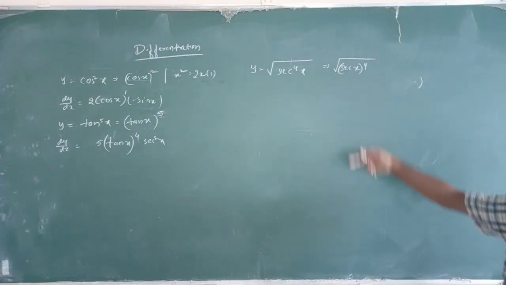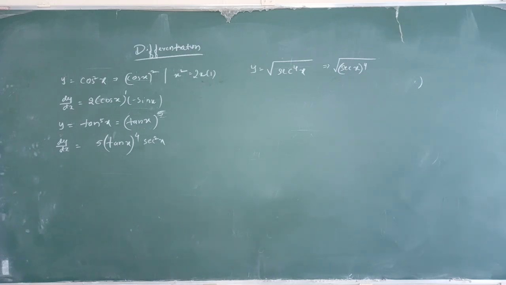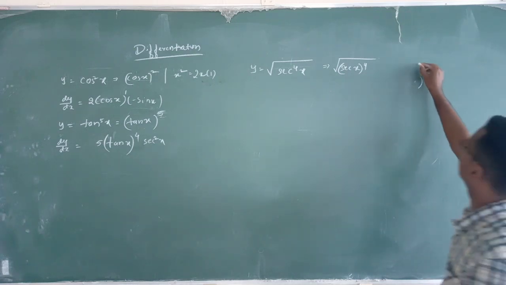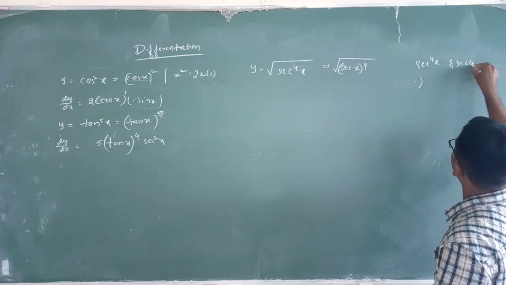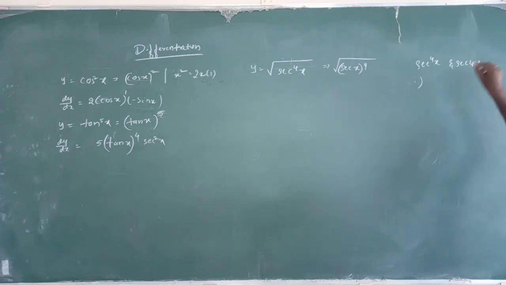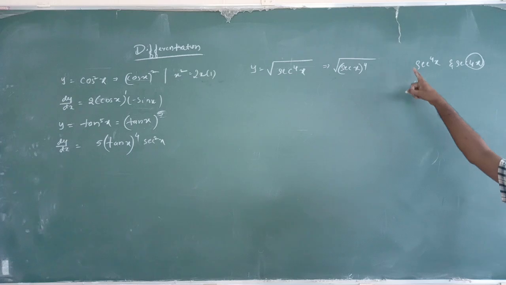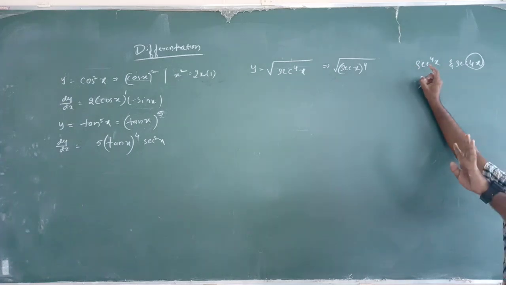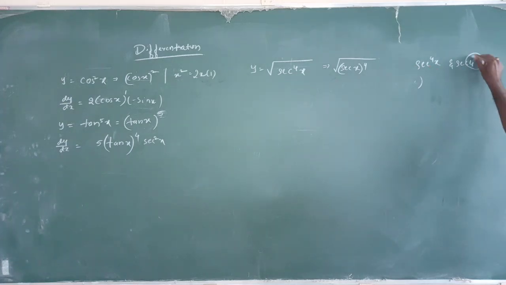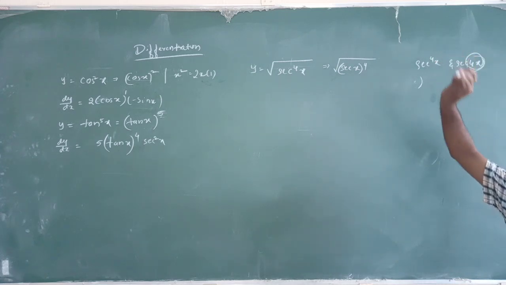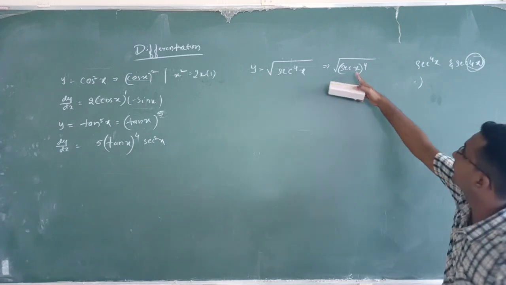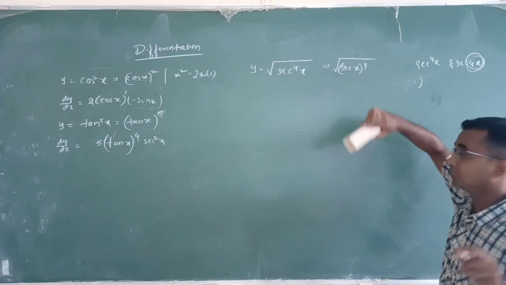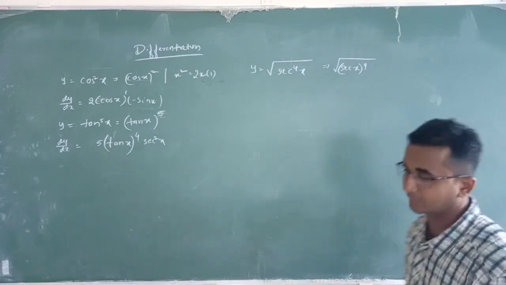Look, sec raised to 4x is different, and sec 4x is different. This is order, and that is the angle. Here sec x is multiplied 4 times. Here sec 4x means this is the angle or the domain we can say. 4x is the domain. There is a lot of difference. But if you write sec 4x, marks will be cut. Its differentiation I will tell you in the next class.